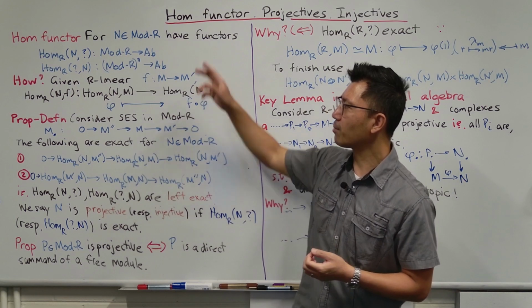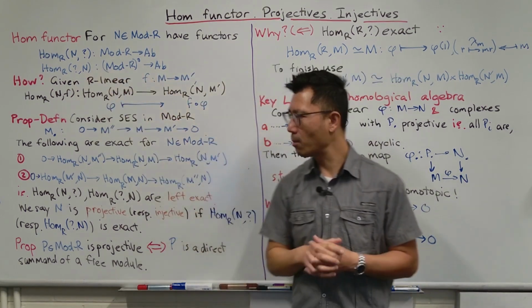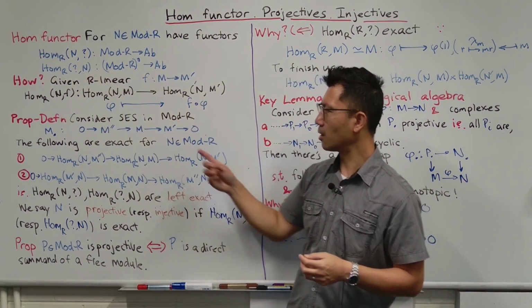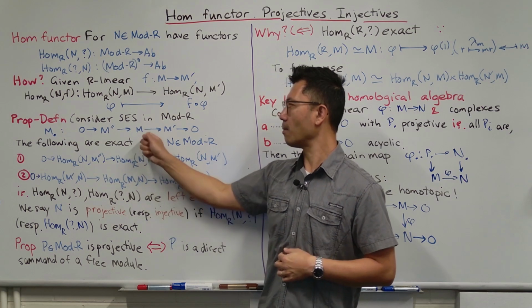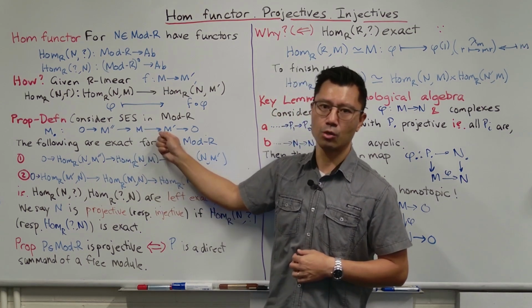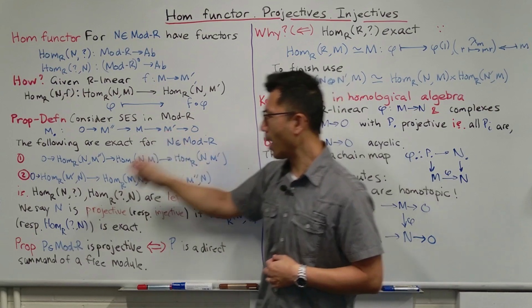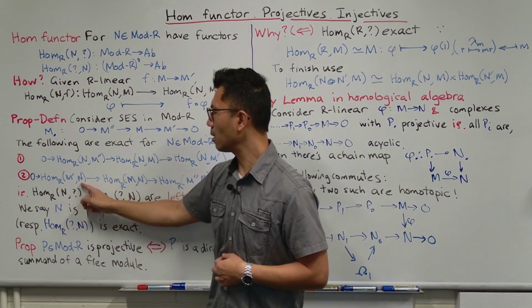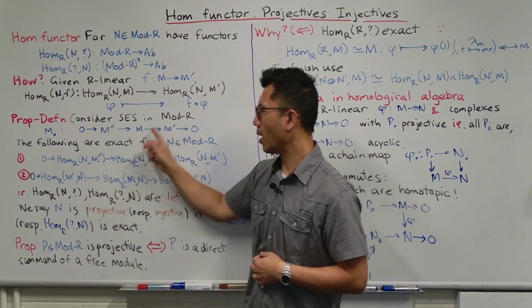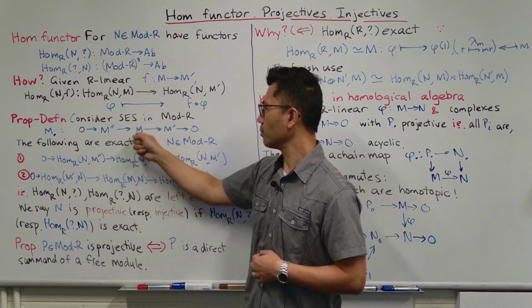Okay, so let's do the same thing with the contravariant functor. And remember now, being a contravariant functor, for example, if you have a map from M to M'', you'll have a map going the other way on the hom group. So Hom_R(M'', N) will go to Hom_R(M, N).